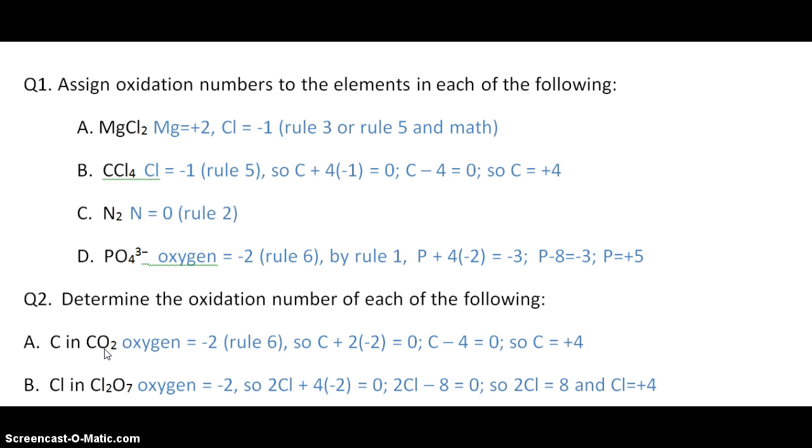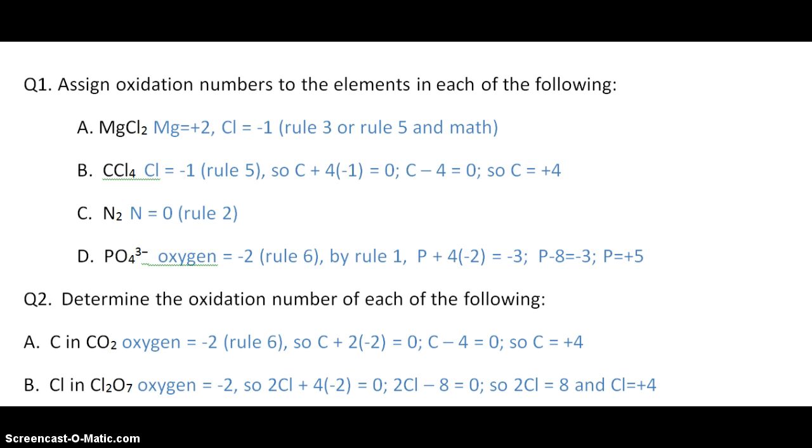So you do the math, you find out that P minus 8, or the oxidation number of phosphorus minus 8 is equal to -3. If you add 8 to both sides, you wind up with the oxidation number of phosphorus being equal to +5. All right, next question.